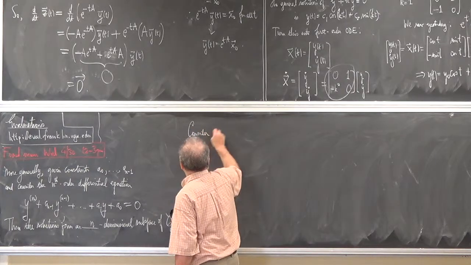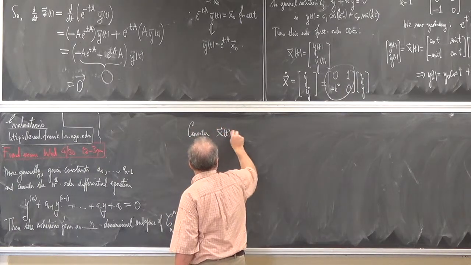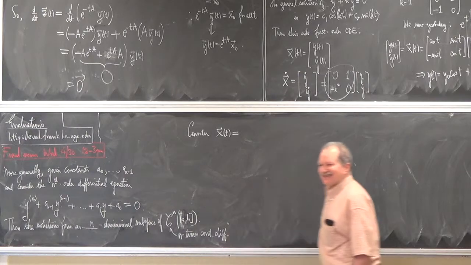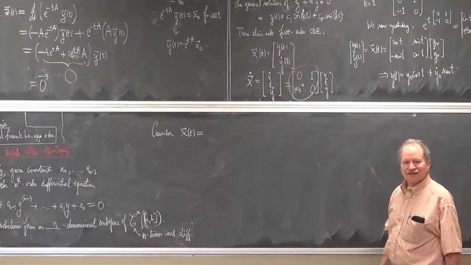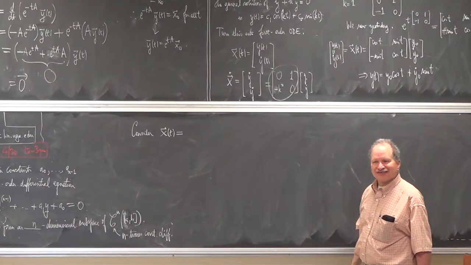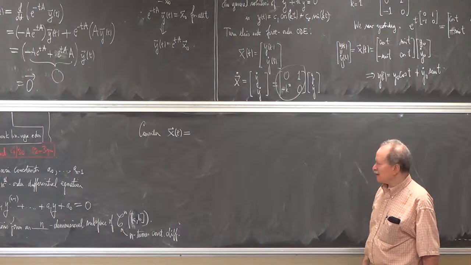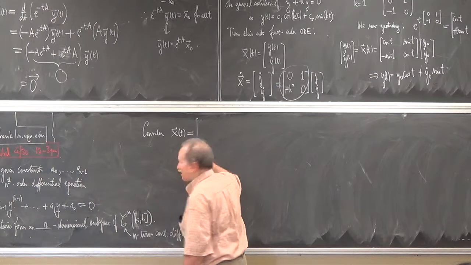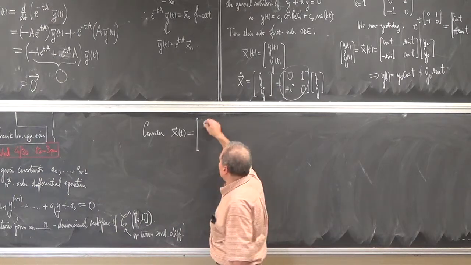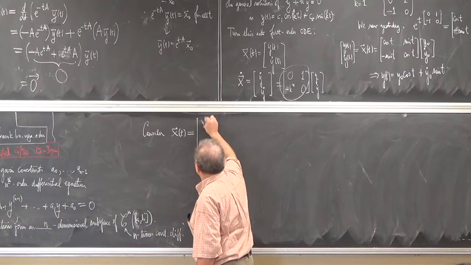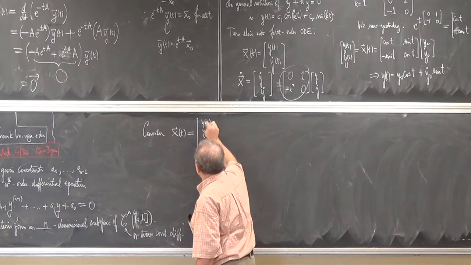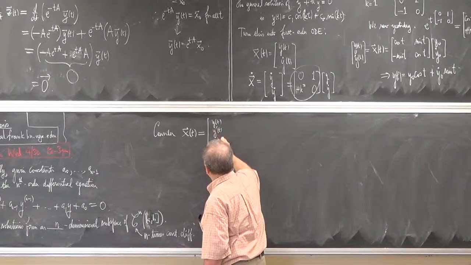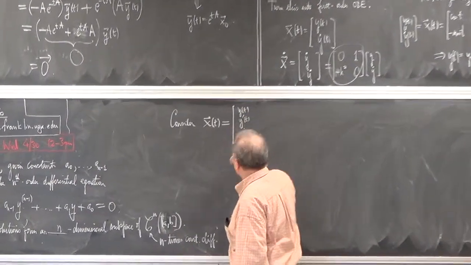So I'm going to introduce a new variable, x, which is going to be what? Where does it live? Well, let's write it down and then we'll decide where it lives. What do I put? And then the derivative's up to n minus 1.